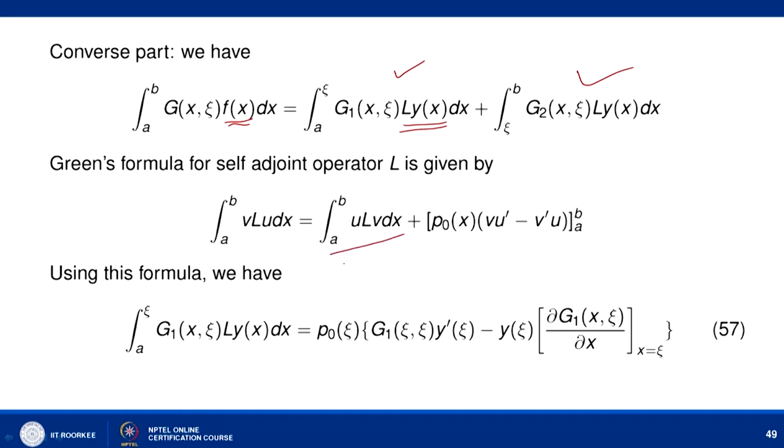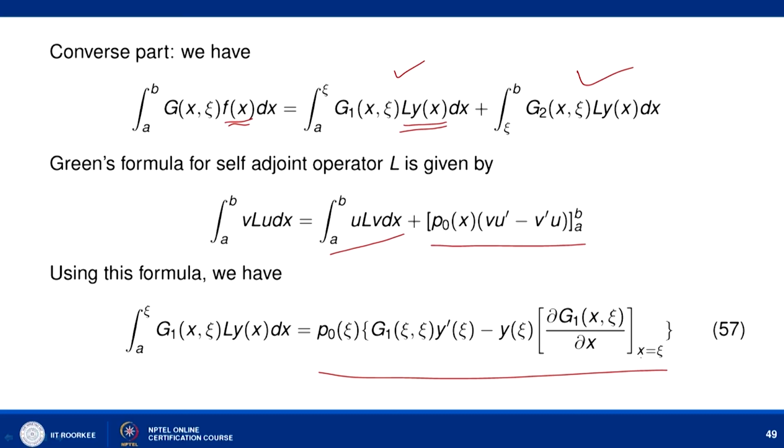When you look at this part, this is going to be y x L of g1, and L of g1 is basically a constant multiple of y1, and y1 is a solution of L. So that part will be 0, and what is left is this point here. A is this and B is equal to xi, and when you simplify you will get this formula: p naught xi (g1 of x comma xi, y dash xi minus y xi, del g1 by del x comma xi) at the point x equal to xi.